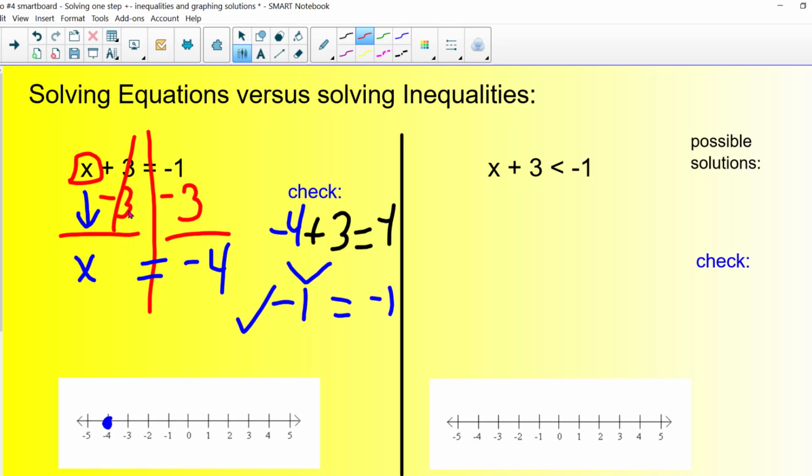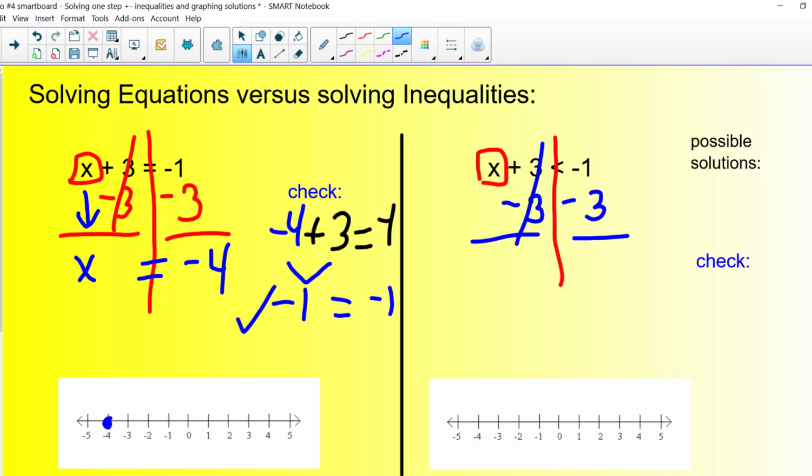So we're still going to draw a line down, but it's not an equal sign, it's an inequality sign. Still put a box around the x. You still want to isolate the variable. So we still have to get rid of what? Plus 3. How do we get rid of plus 3? We subtract 3 or add a negative 3 to zero it out, right? And we have to do the same to the other side. So you see how it's looking exactly the same here?